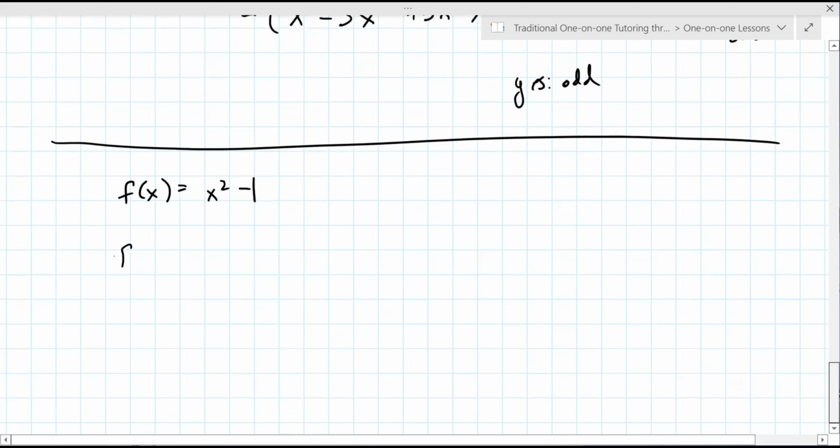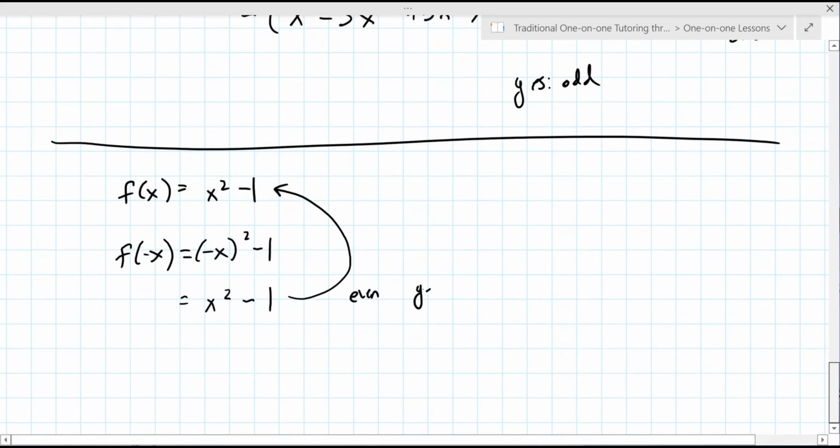Your process is you first figure out what is f of minus x. And that is x squared minus 1. Is that the same as the original? Yes, so this is even.